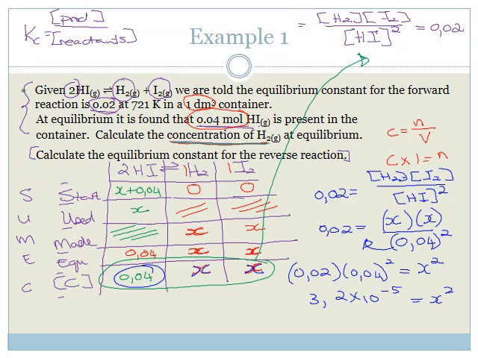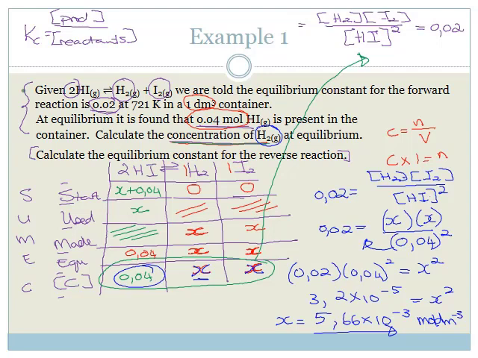Then we square root our answer, and we get that x is equal to 5.66 times 10 to the negative 3, and that is the concentration, in moles per decimeter cubed, of both the hydrogen and therefore the iodine. So that is our concentration at equilibrium. Okay, not too difficult, hey? Admittedly, it seems difficult. You need to think it through, and remember, grade 12s, always let whatever they want us to find out be x, then work backwards from that, and take it in baby steps.